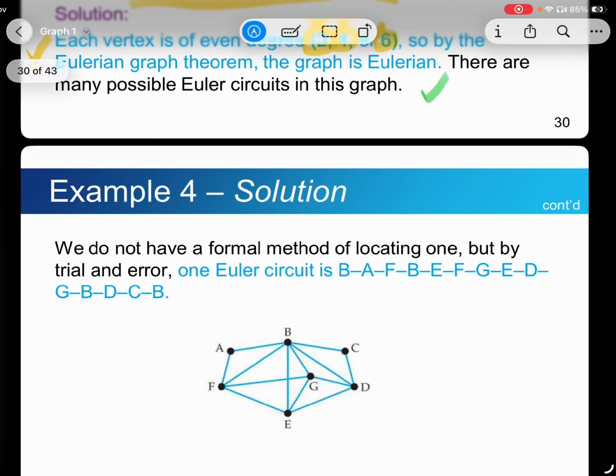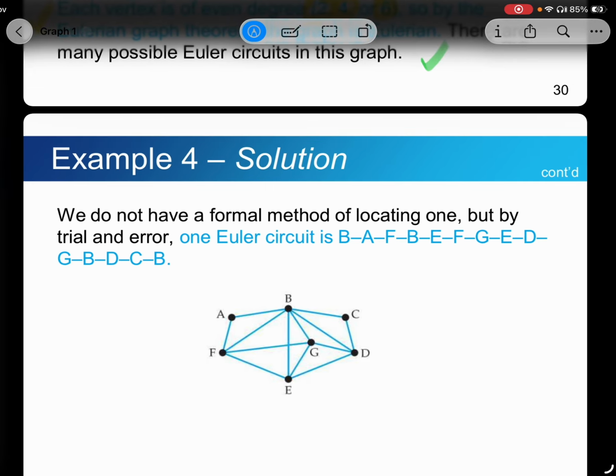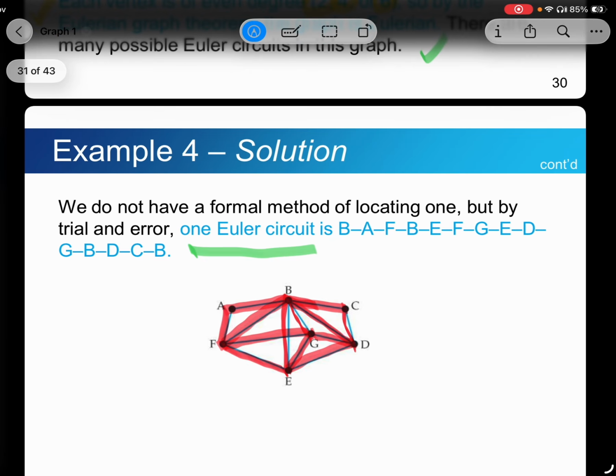We do not have a formal method of locating one, but by trial and error, one Euler circuit is A, F, B, E, F, G, E, D, G, B, D, C, and then B. So we have there the Euler circuit wherein we pass through every edge and did not repeat any of those edges.